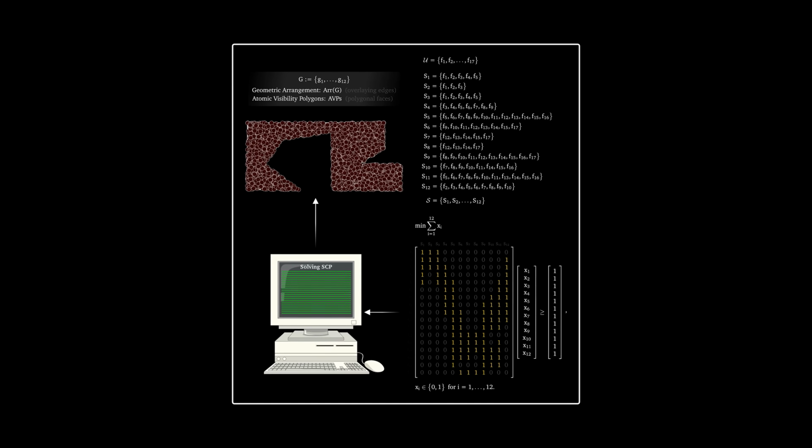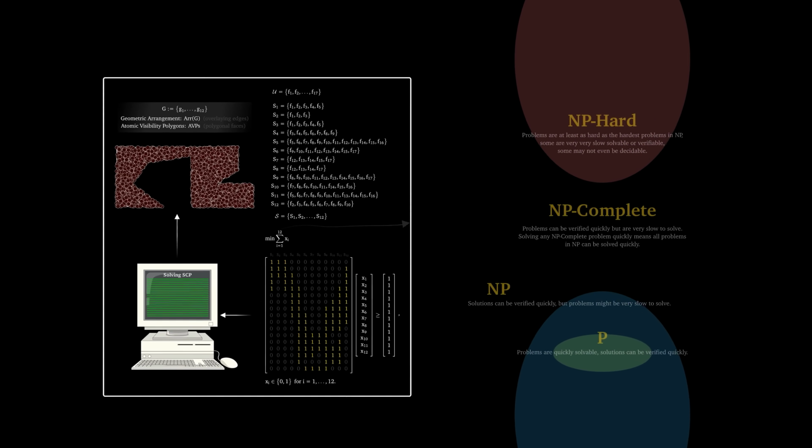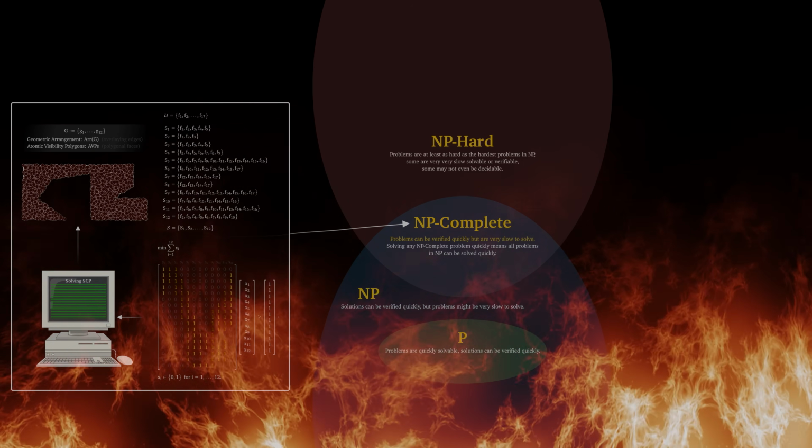And what I haven't told you yet is that the set cover problem, or more specifically its decision variant, is an NP-complete problem. This means that it belongs to a class of problems that can be verified quickly but are in general very slow to solve, which is the reason why there will always be instances that make your PC burn.